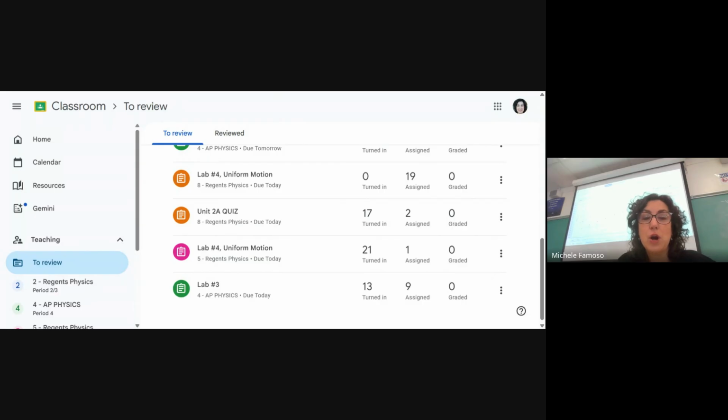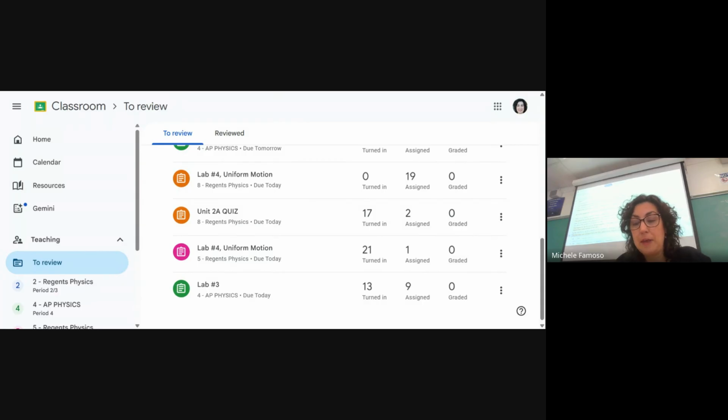Diagonal line. What about 4? Is that traveling with a constant velocity? Yes, because it's a diagonal line. There you go. So the velocities are constant because their graphs are diagonal lines.